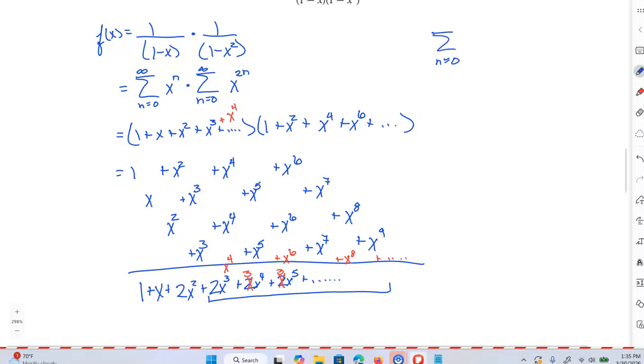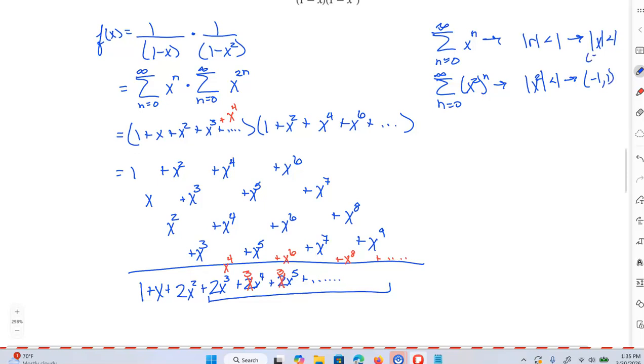The sum from n equals 0 to infinity of x to the n is going to converge when the absolute value of r is less than 1. And then that other one is x to the 2n, so that's x squared to the n. Thinking about this as x squared to the n, my r is x squared. x squared has to be less than 1, and that's going to be on the interval from -1 to 1 also.